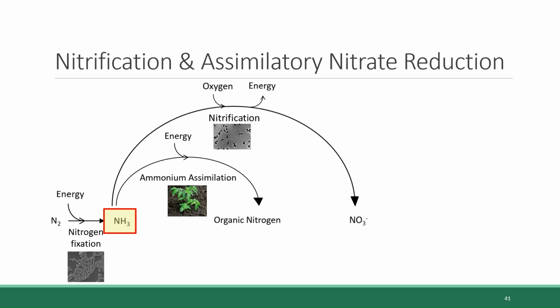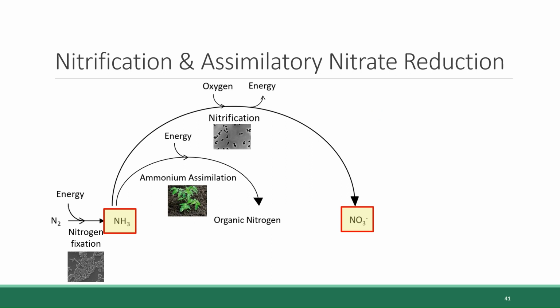This form of nitrogen, the nitrate ion, is also agreeable for plant absorption. So, in addition to getting some nitrogen from ammonia via ammonium assimilation, plants will take up the nitrate ion, which is a waste product that the nitrifying bacteria spit out.